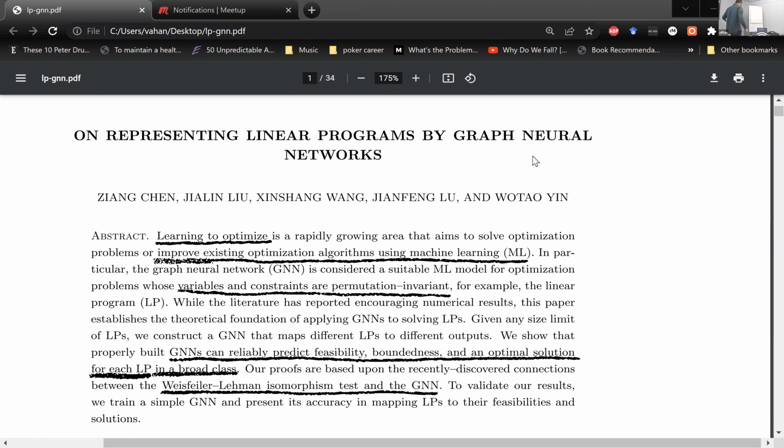So I think it's weird because LPs you can solve up to billions of variables. Training on a billion-large graph is not as simple, right? So you feel like it doesn't have a practical use? Maybe not so much.